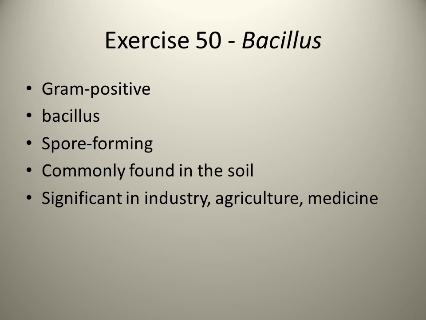As said, it has a significance in industry. Several of the enzymes that certain Bacillus species produce are used in things such as adding enzymes to detergents to make them more effective. Some of the species do produce antibiotics, which are used in medical microbiology. In agriculture, some species have been used as biological pest management because they do attack and destroy certain other organisms such as fungi and insects.